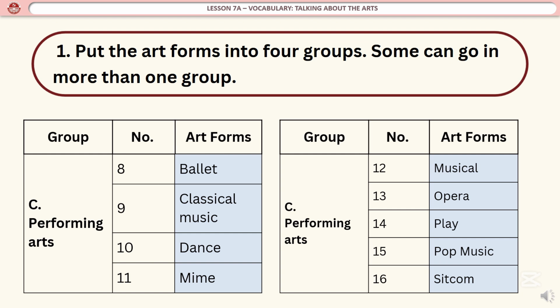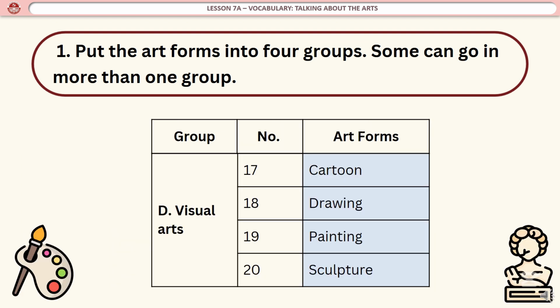The art forms for Group C, performing arts, are ballet, classical music, dance, mime, musical, opera, play, pop music, and sitcom. For the last group, the visual arts, the art forms are cartoon, drawing, painting, and sculpture.